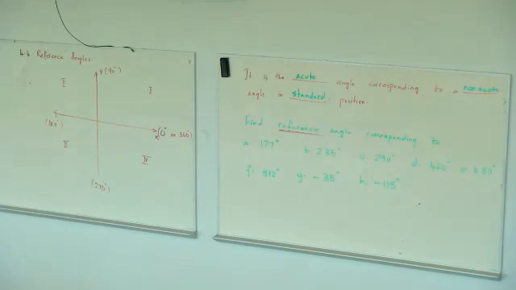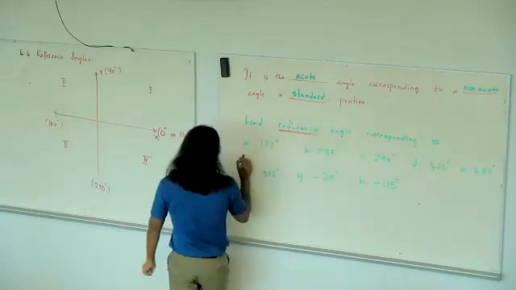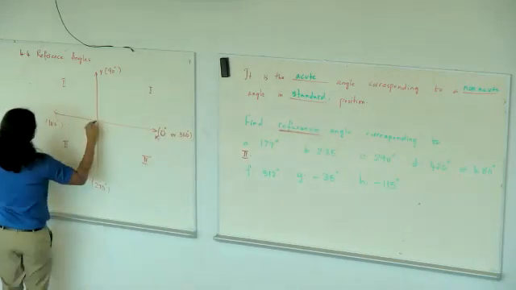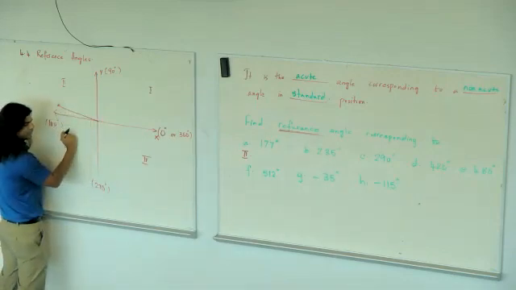177 degrees. Which quadrant does it lie in? Second. Awfully close to the axis.